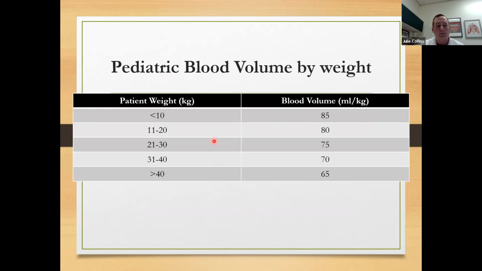We talked about how this is relative. It's not a perfect system, but usually less than 10 kilos, the blood volume of the kids will be 85 mils per kilo. 11 to 20 kilos, they're usually 80 mils per kilo. And you can see how it progressively goes down as the kilograms go up in terms of blood volume by weight.